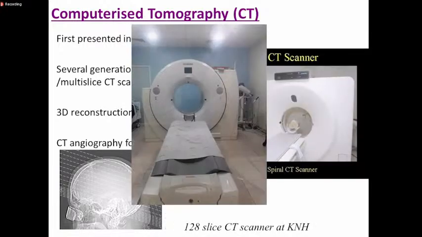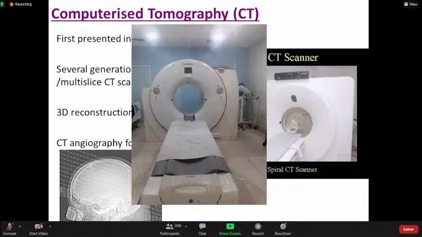Like this one, actually, this one is 120. Probably they're going to bring others which are many more slices. So when you put a patient here, you scan the patient in a very short time. It doesn't take you a minute to scan the patient.